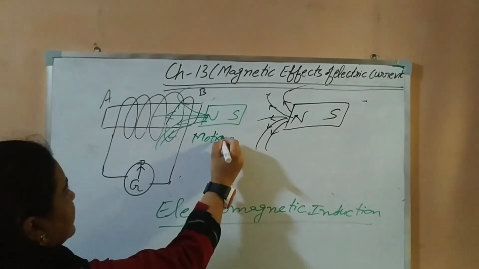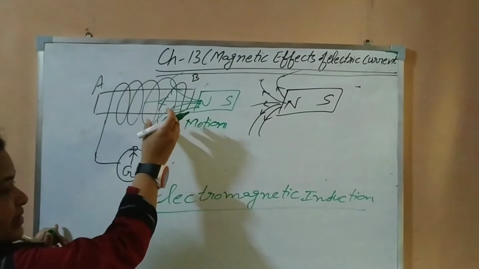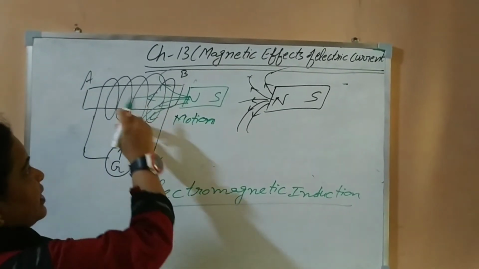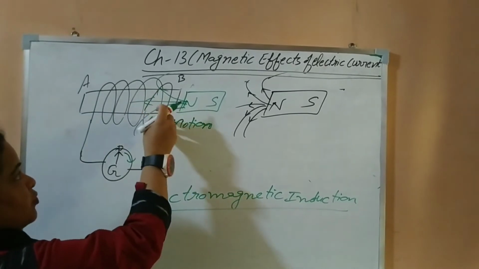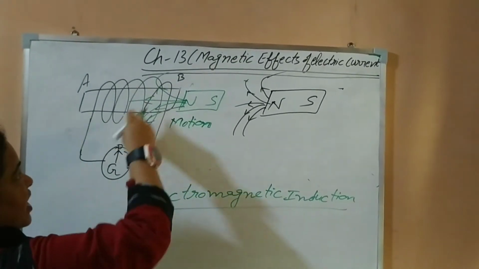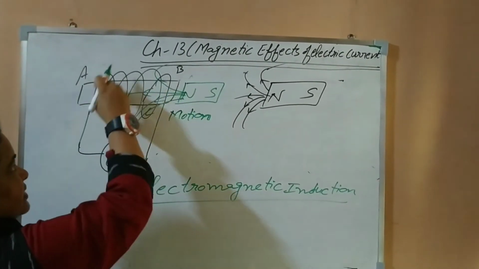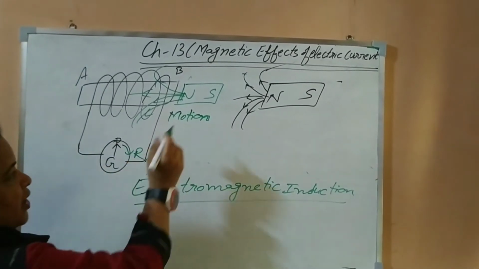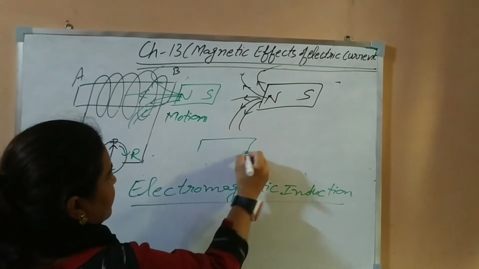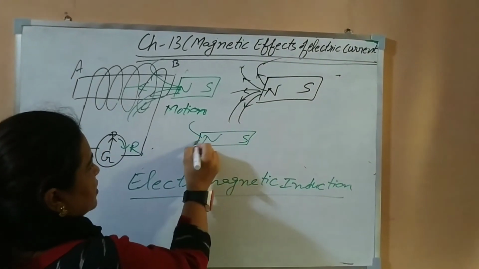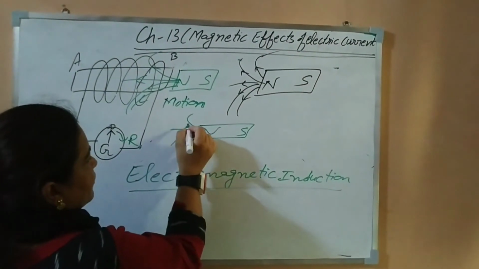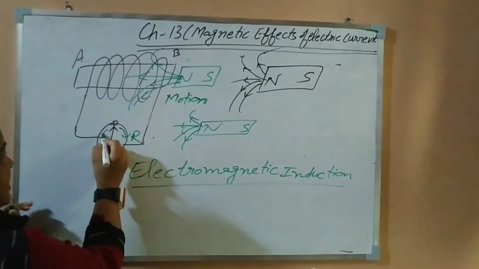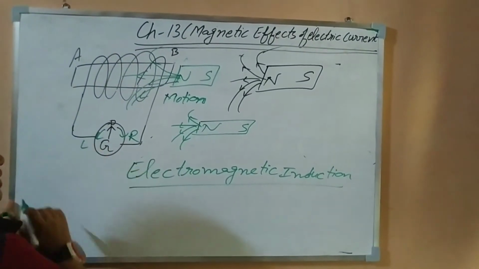So the magnetic field strength increases, and due to the change in magnetic field strength inside this coil, the electrons inside the wire come in motion and it deflected towards the right. When the bar magnet is taken away, the strength of the field lines decreases, and at that time it deflected towards the left.